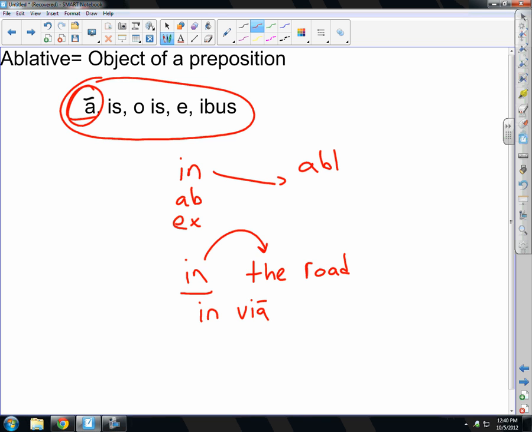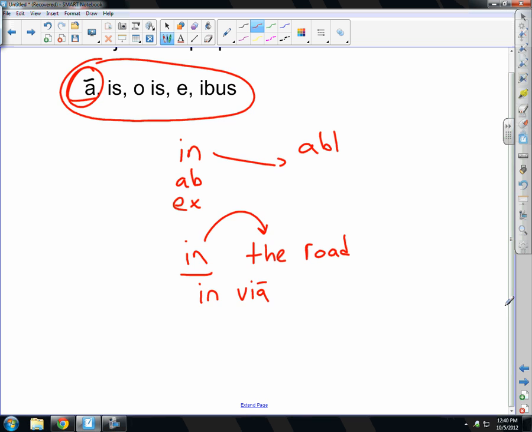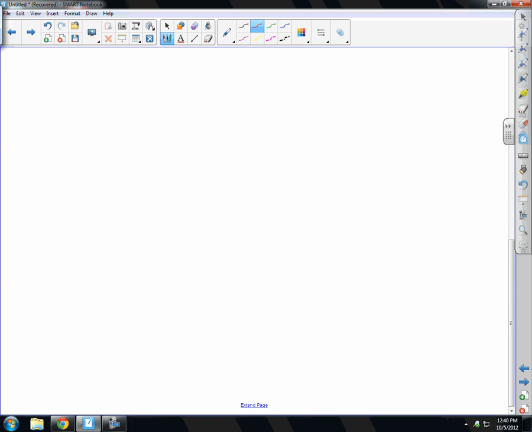The difficult part about the ablative is that it does create on its own, without a preposition, a prepositional phrase sometimes. We have an ablative of means, we have ablative of manner, and we have ablative of time, all of which create a preposition all on their own without having to have a preposition in Latin. Now in English we still have to have a preposition.